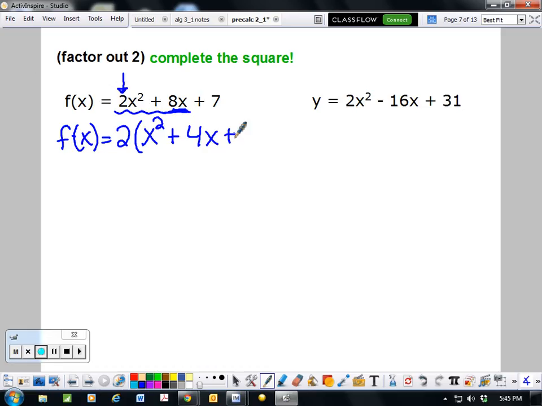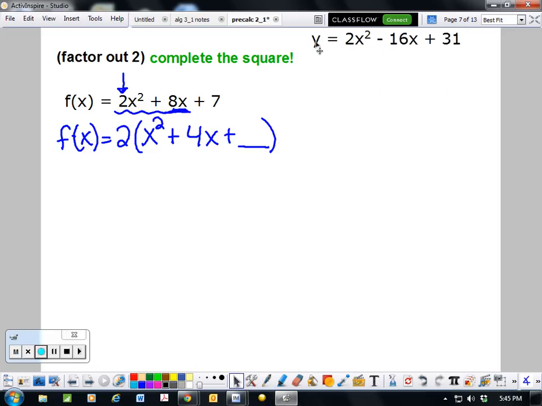So now I'm going to do that completing the square part where I have a blank. I'm going to move this equation out of the way for a little bit because I need some more space. And I'm going to have that plus 7. Now if I'm adding this blank right here, I should be subtracting that blank over here. The problem is this blank isn't all by itself. It's inside of a parentheses that's being timesed by 2.